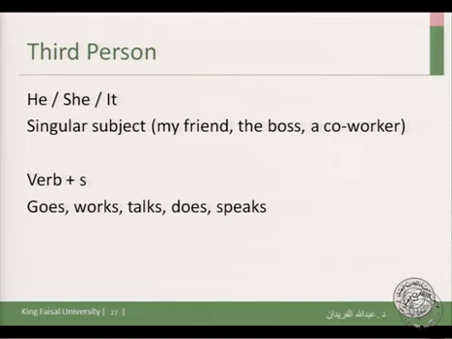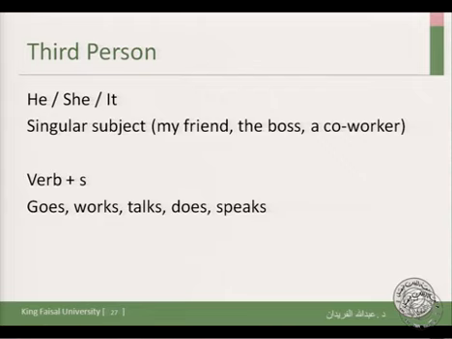So, why are we going to use the S with the verb? Because it's called the third person singular. When we talk about he, she, or it, when we talk about just one person, we use the S with the simple present, as we saw in the examples.